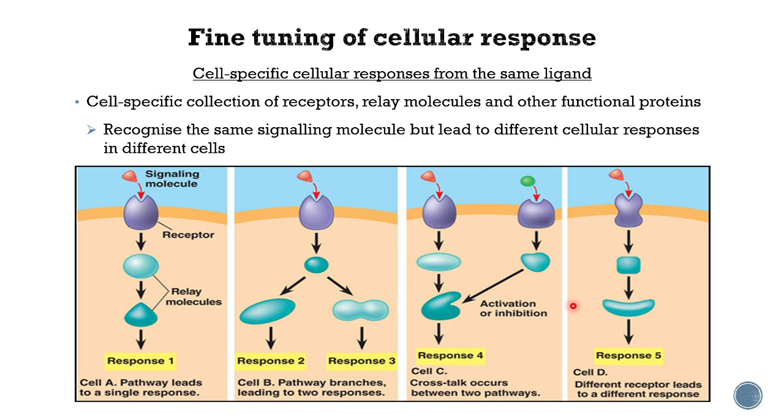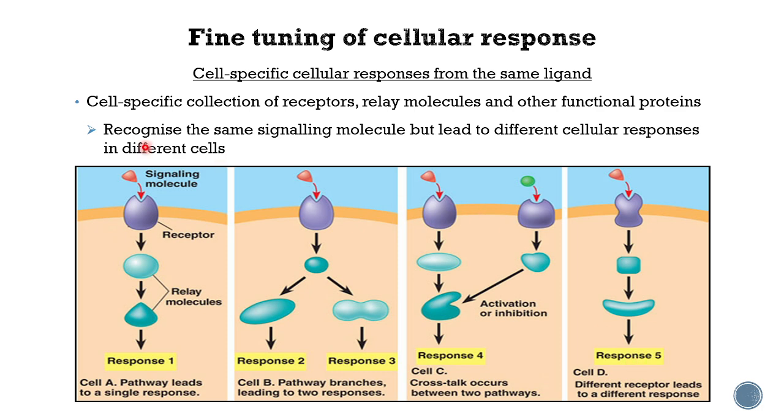Then I jump to the last one, this one also. It's a different receptor, but it has the same ligand binding site for the same signaling molecule. But because it's a different receptor, then obviously it activates a different relay protein and therefore a different response also.